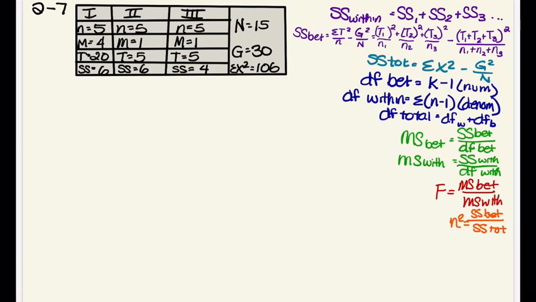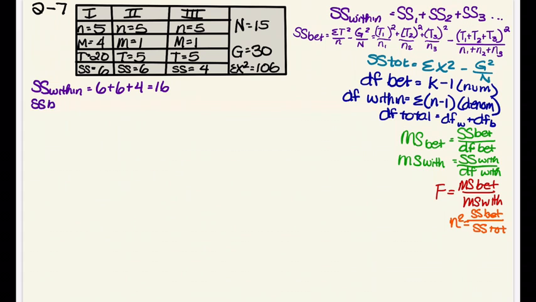Our next example problem provides us with a data table that summarizes the results from an independent measures study comparing 3 treatment conditions, where first we'll calculate the sum of squares within treatments, which is the sum of each treatment's sum of squared deviations. We come up with a value of 16.